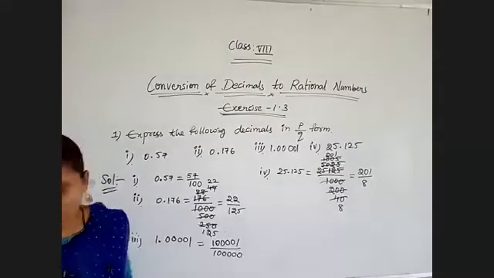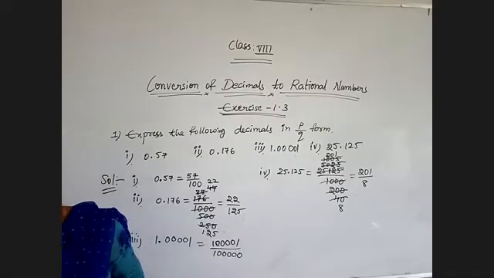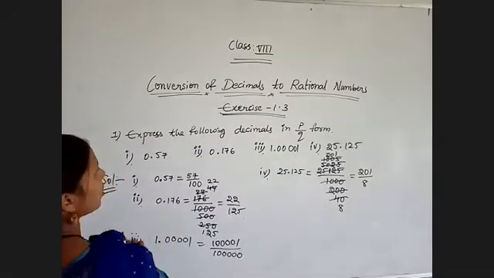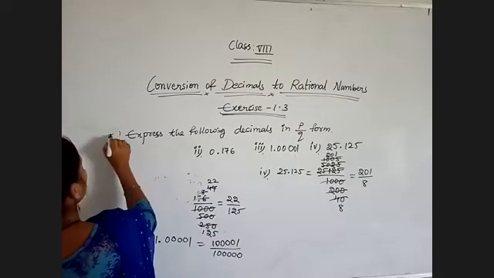Now next type. Express the following decimals in p by q form. Second question.